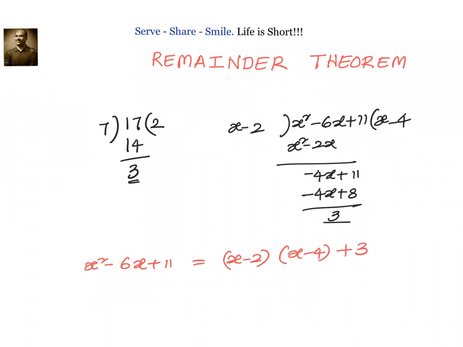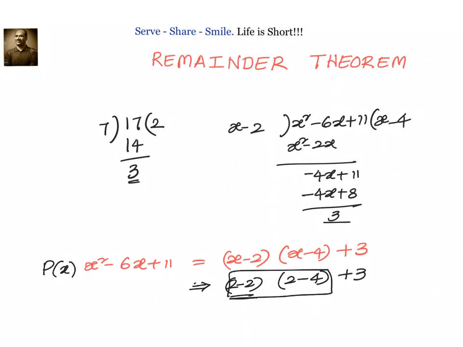Now the other way to find out the remainder is, suppose I substitute x equals 2. This is a polynomial of x, right? What will happen? 2 minus 2 into 2 minus 4 plus 3. Now we know that 2 minus 2 is 0. That means 0 into anything will become 0. So what is left is the remainder 3. This is an easier way when we compare it to doing it with long division.